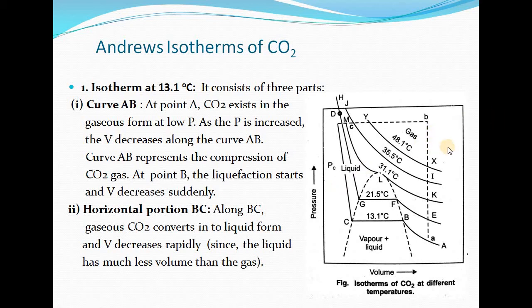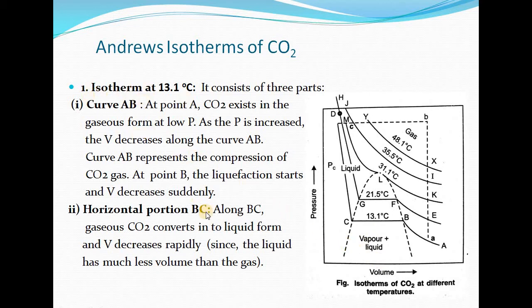On the right hand side, we have CO2 in the gaseous state. Whereas in the portion below this parabolic curve, we have CO2 in both vapor and liquid form in equilibrium with each other, meaning both phases are present together.